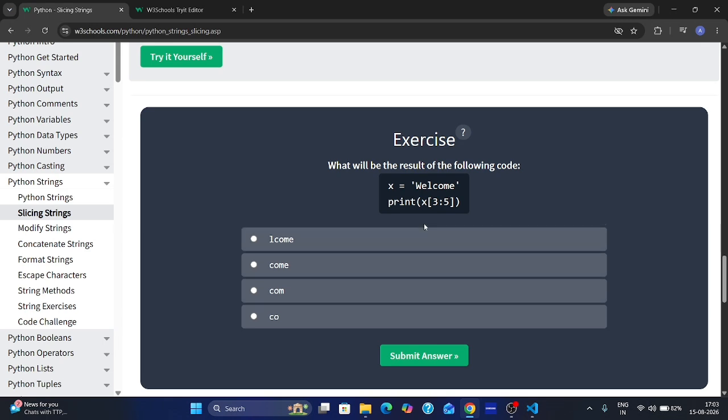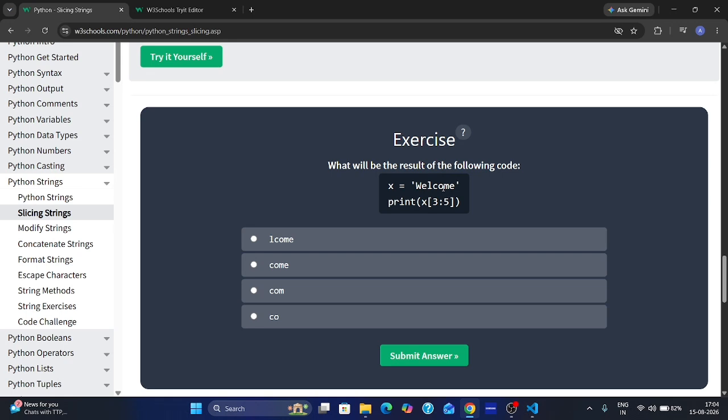So here the starting value is 3. In positive indexing, it starts from 0. So W is 0, 1, 2, 3. The third index is at C. So 3, 4, 5.